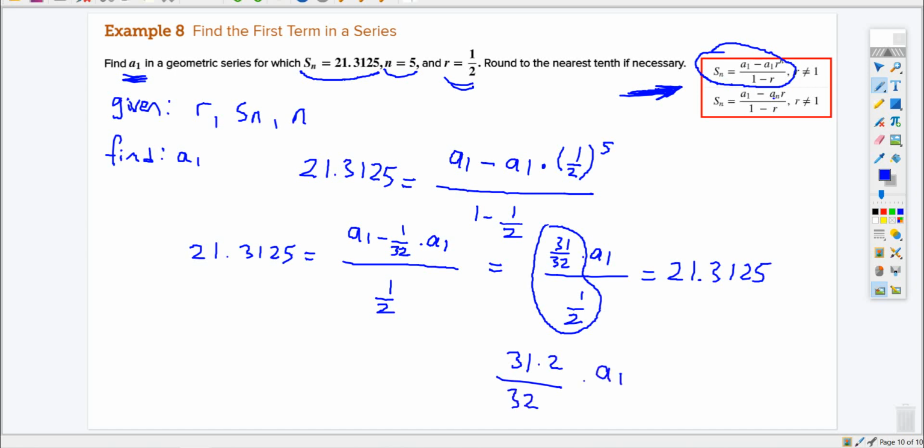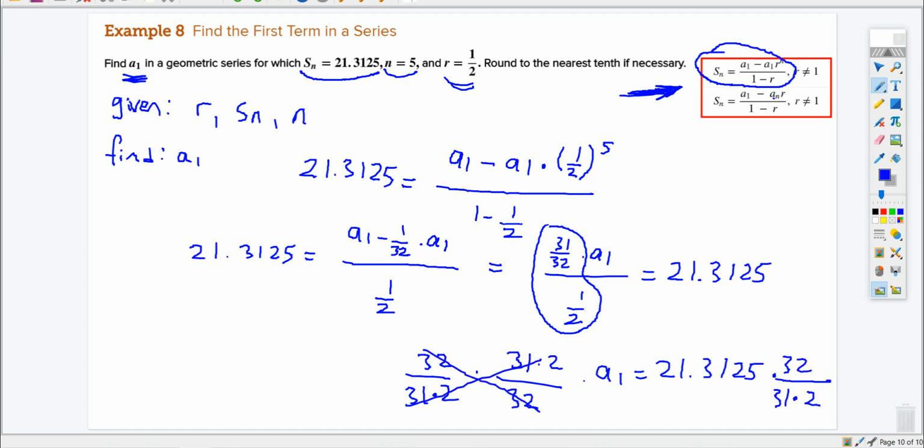A1 is equal to 21.3125. So just multiply both sides by the reciprocal of this fraction, 32 over 31 times 2. Same here, 32 over 31 times 2. This will all cancel.